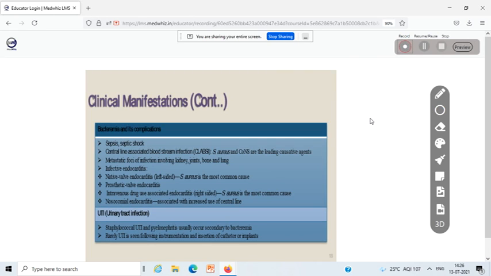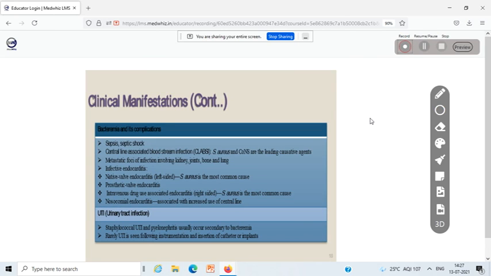It can give rise to bacteremia and its complications like sepsis, septic shock, central line associated bloodstream infection or CLABSI for short. Staphylococcus aureus and CoNS are the leading causative agents. Metastatic foci of infection involve the kidney, joints, bones, lungs. Infective endocarditis: native valve endocarditis, prosthetic valve endocarditis, intravenous drug use associated endocarditis, and nosocomial endocarditis.